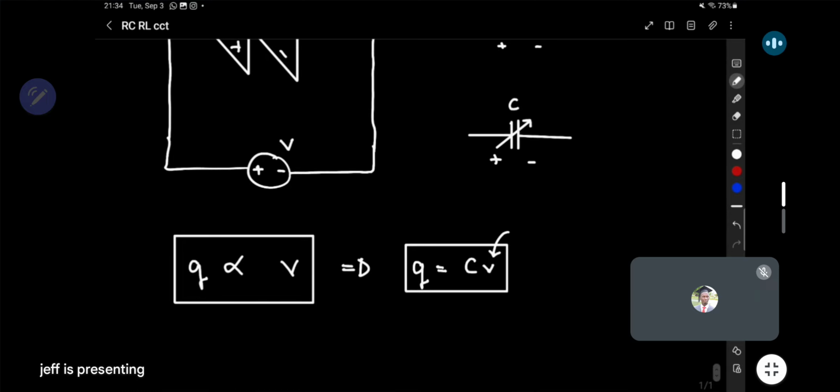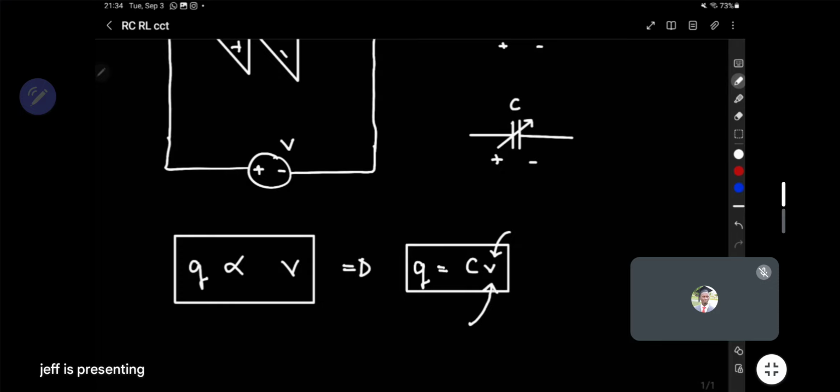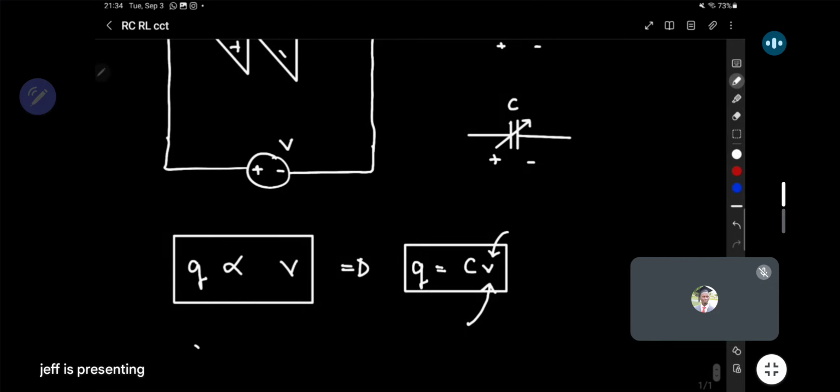From this expression, we see that the amount of charge stored in a capacitor depends on how much voltage was supplied to it when we were charging it. This constant C, the capacitance, has units of farads.